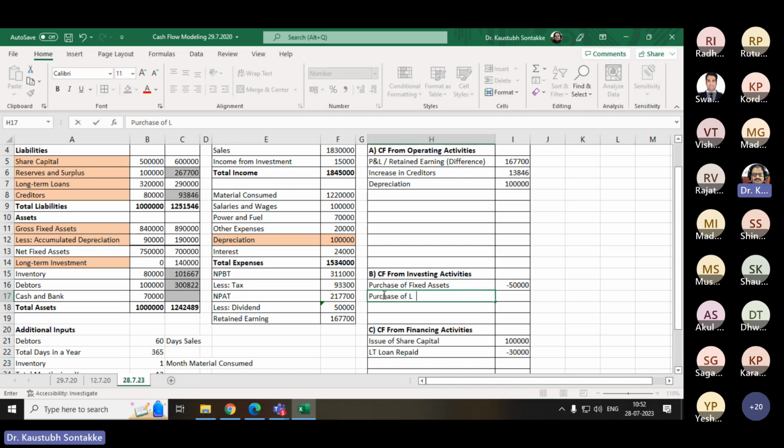Purchase of long-term investment is equal to year 1 minus year 2, again outflow, because cash is going out when you are purchasing investment.